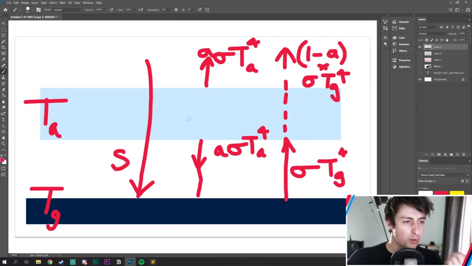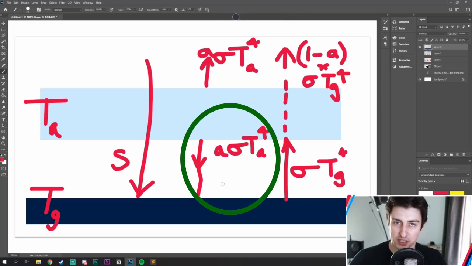So if we wanted to write this in code, what do we need to modify of what we had before? Let's look at the ground. That's the first thing that we've already written. So what do we need to change? The amount of energy that's coming in is the same. That doesn't get changed. The amount of energy that is leaving is also the same. But we now have this extra term. We have this absorption that's been given off by the atmosphere.